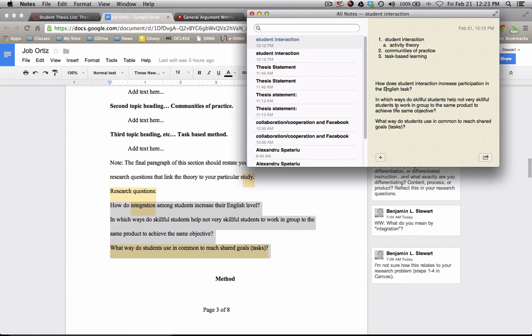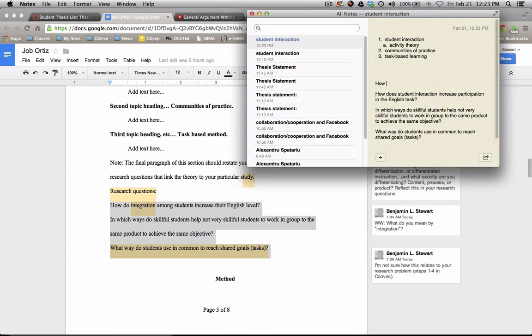So tell me again the first research question. Okay, now, how do teams work differently to achieve the same product? And how does students' production differ among small groups who participate in task-based learning?